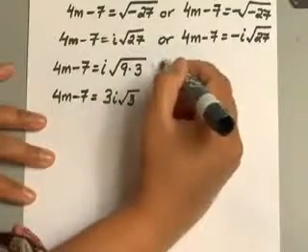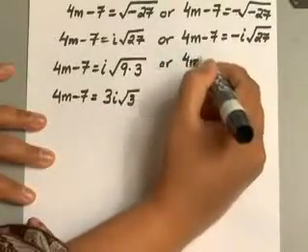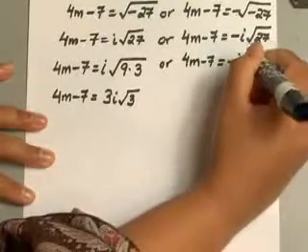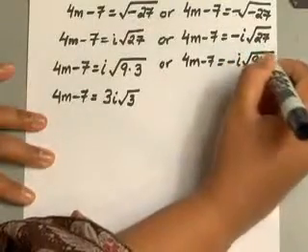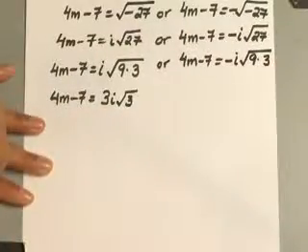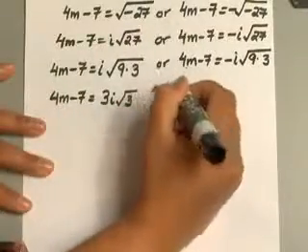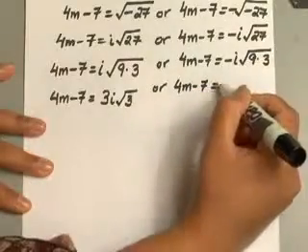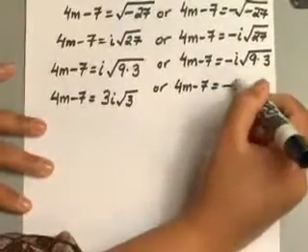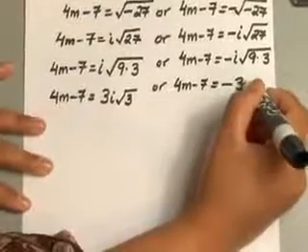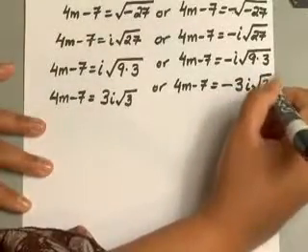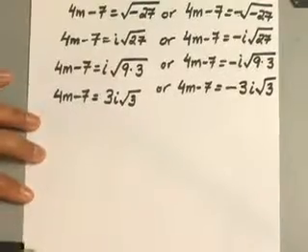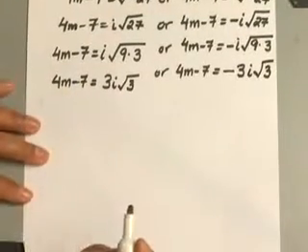Let's do that on the other side as well. 4m minus 7 equals negative i, and we break 27 down into 9 times 3. Again, square root of 9 will come outside as 3. You're left with i, and square root of 3 will stay inside the radical.